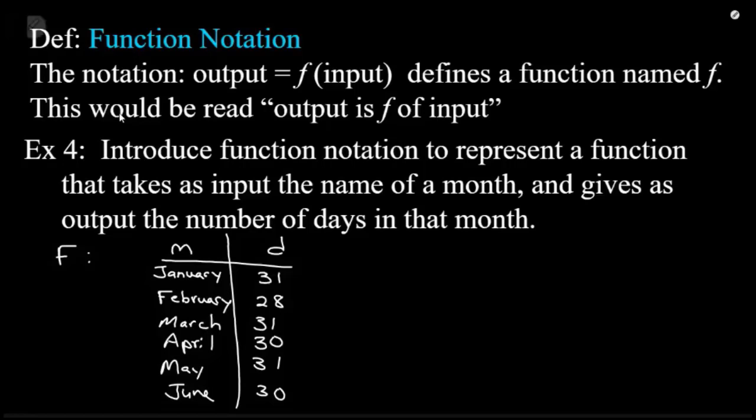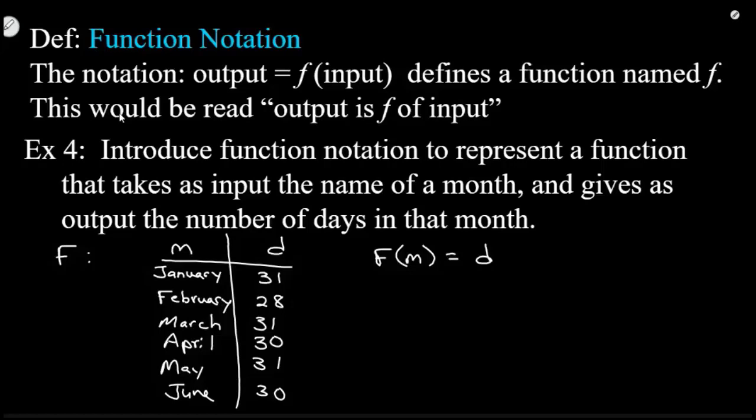And if we wanted to use our function notation, here's what it would say. I called my function capital F. What letter did we use to represent our month? M. So with the input of M, and then the answer or the output was D. So if you're wanting to use function notation, here's what we could say.